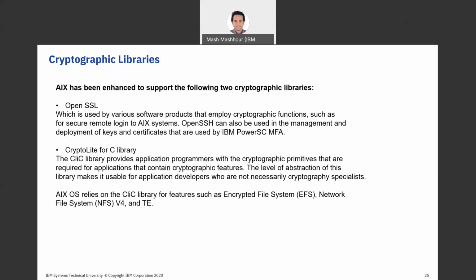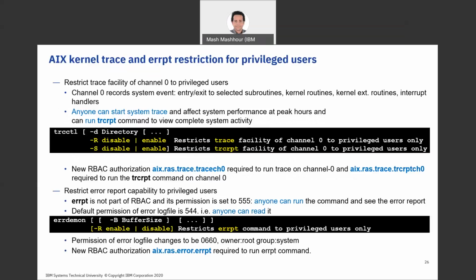And of course, the trusted execution. The other thing is the kernel trace restrictions and the error report restrictions. You can restrict the trace facility and give it only to privileged users.